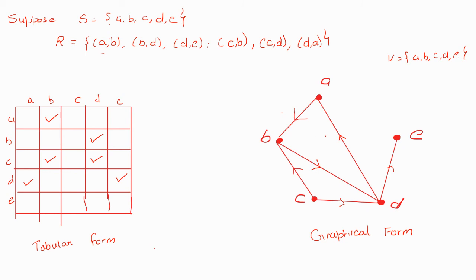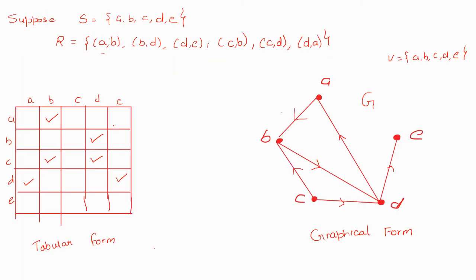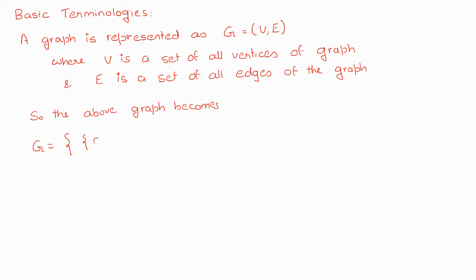So the above graph, if this is a graph G, we'll represent it in this way: a set of all vertices over here. What are the set of vertices? A, B, C, D, E. Yes, A, B, C, D, E. And followed by another set which represents the set of edges.